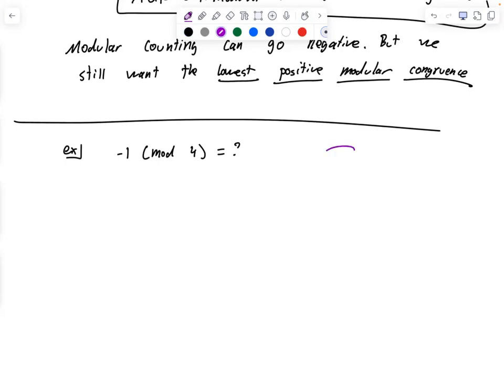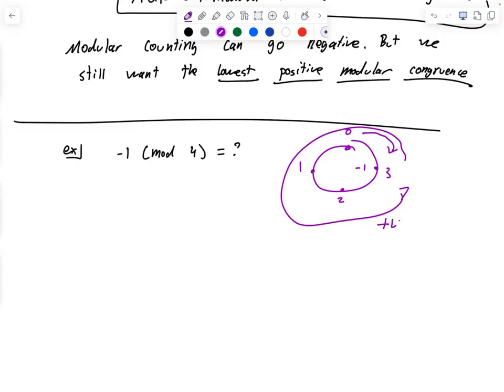So the idea here is that if we had our circle, we have 0, 1, 2, 3. We can actually go backwards, and this is -1. And the idea is that if we're at -1, we are adding +4. We're just going the other way.